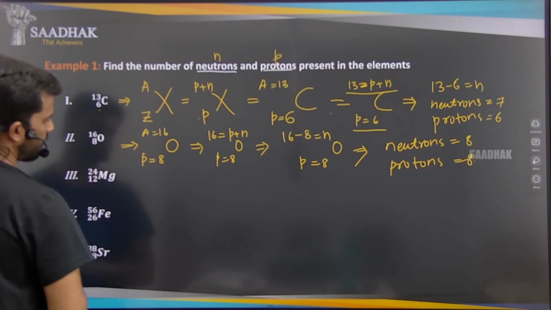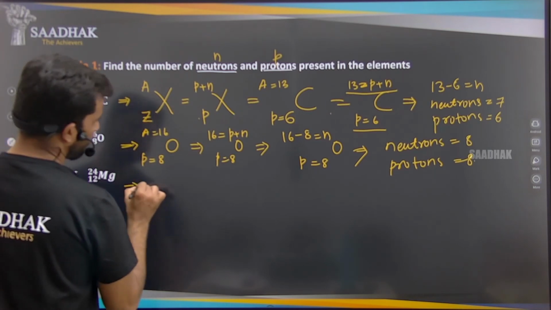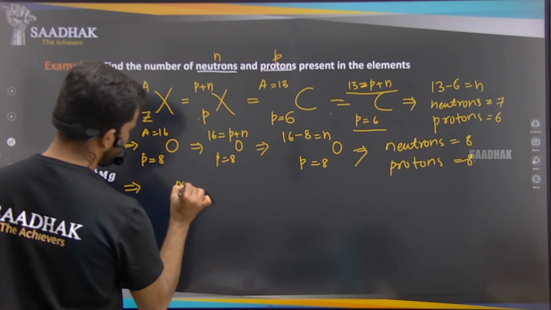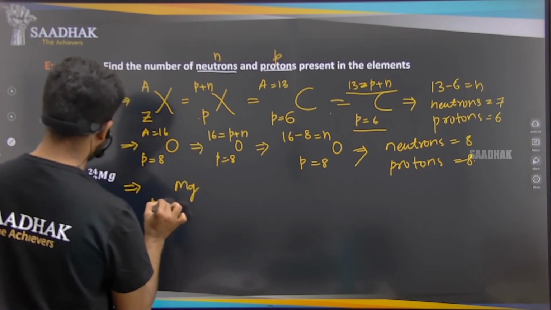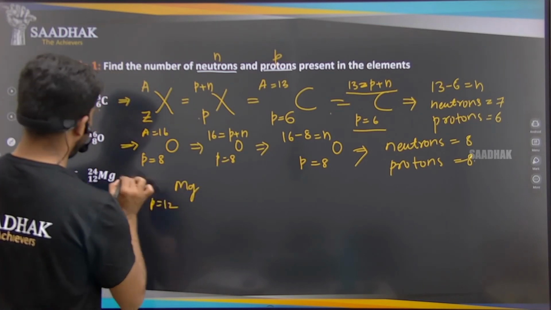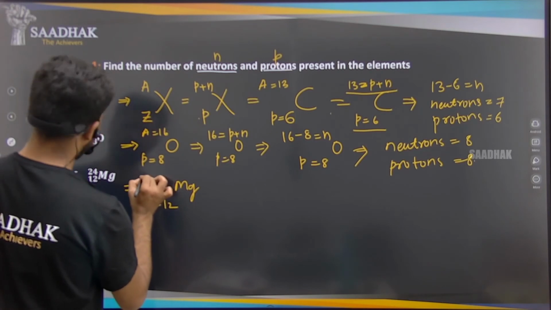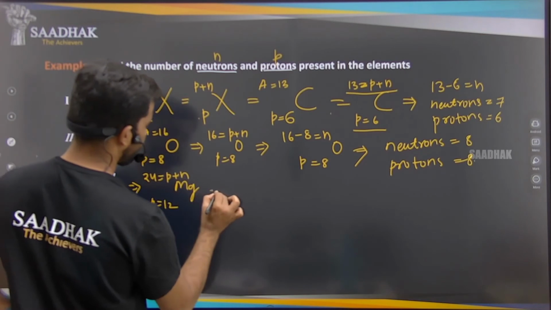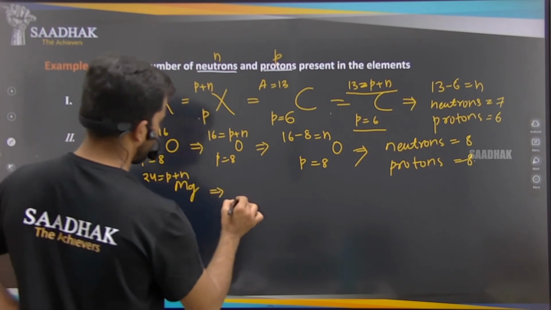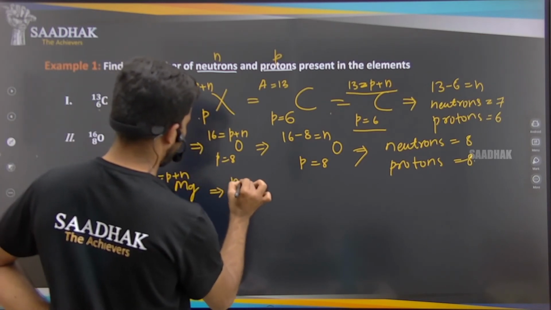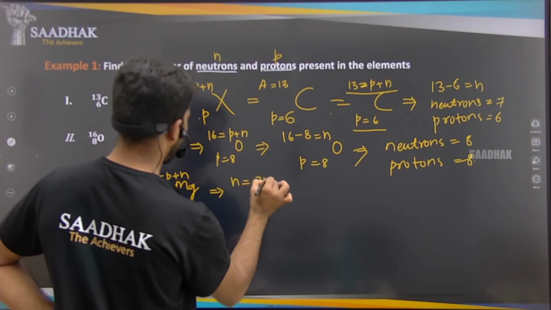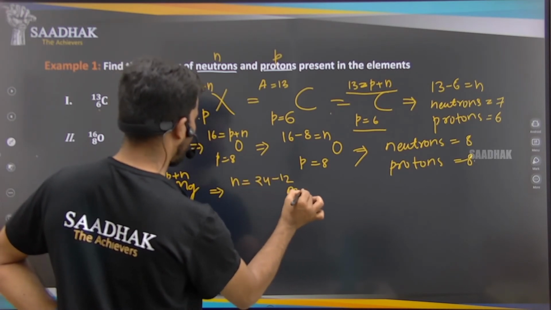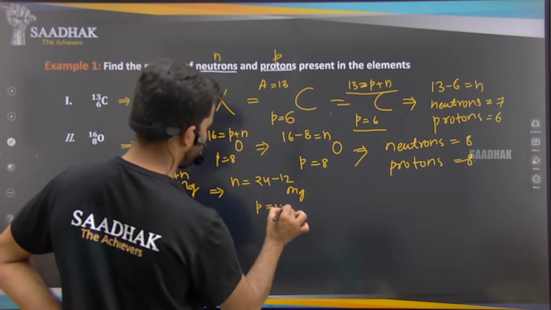Next, Mg, magnesium. I will go directly to the step. Mg, P equals 12 and 24 equals P plus N. So the N value is 24 minus 12.